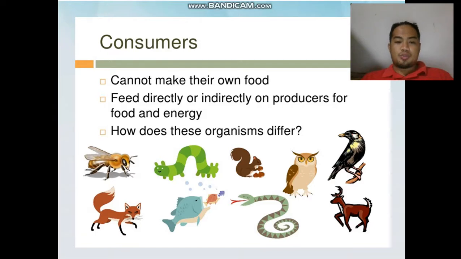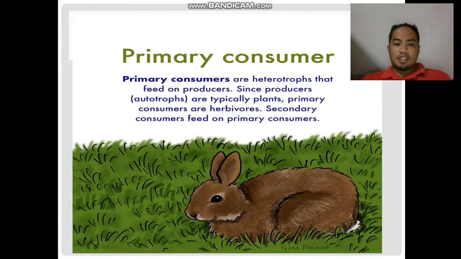How about consumers? We are consumers too. Consumers cannot make their own food and feed directly or indirectly on producers for food and energy. How do these organisms differ? Their species and characteristics are different. We have the primary consumers, and primary consumers are heterotrophs that feed on producers.